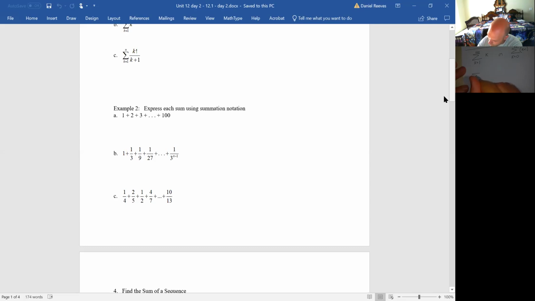I think k equals 0 is going to make more sense, because what I'm doing here is really taking 3 to the negative k. And we end when we're taking 1 over 3 to the n minus 1. So I'm just going to put an n minus 1 there.